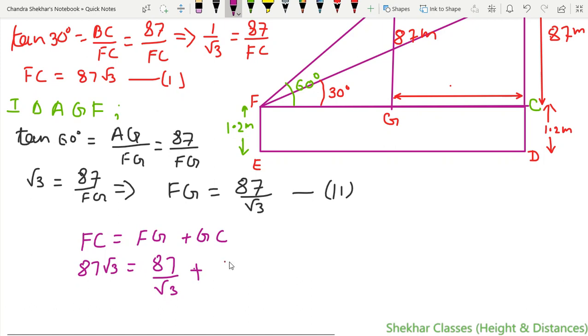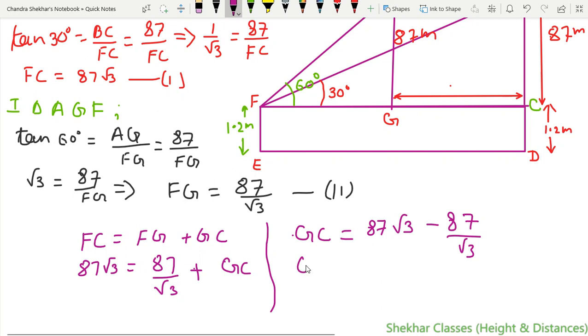GC is to be calculated. So GC is equal to 87 root 3 minus 87 upon root 3. Take the LCM, and this becomes 87 into root 3 into root 3 minus 87, the whole thing upon root 3.